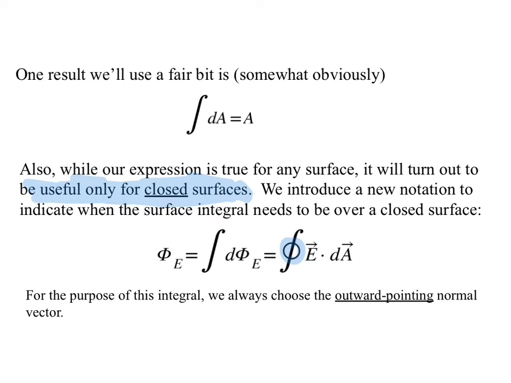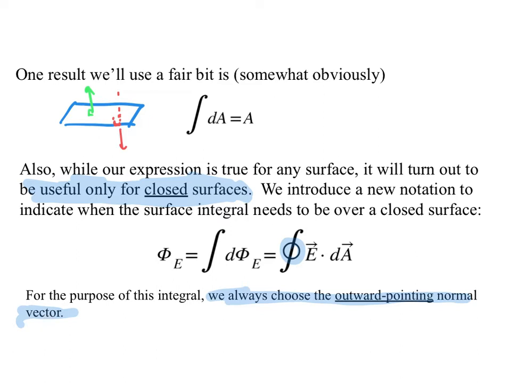For our integral, we always take the outward bound normal, the outward pointing normal. What does that mean? Well, of course, with the plane, remember, we said there were two possible, right? If I have a particular plane, there really are two directions normal to it. There's maybe this one, which is at right angles, but there's also, if you imagine that one at right angles, and those are both normal to the plane.